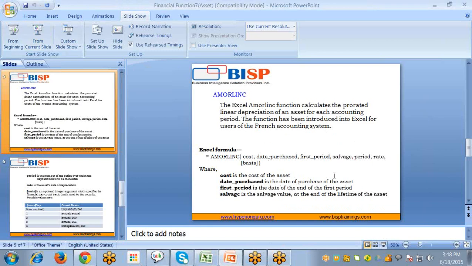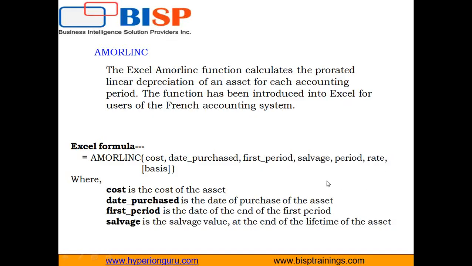Like the AMORDEGRC, which lets you calculate depreciation using coefficients defined under French accounting rules, the AMORLINC function lets you find the depreciation for a specific accounting period, and again this is a function that you will use within the French system.